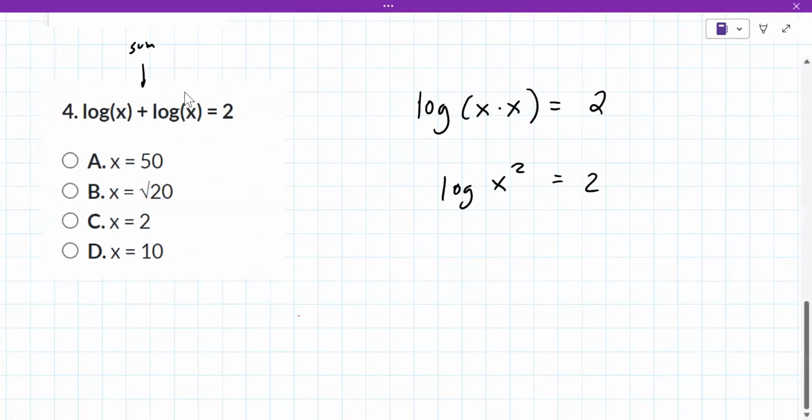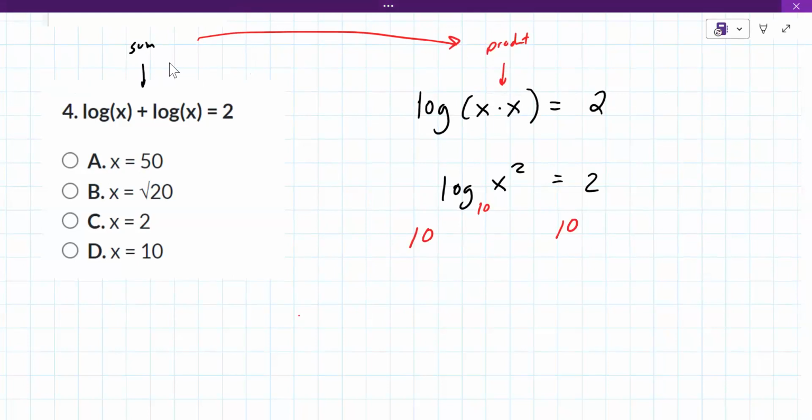So again, that sum becomes a product right there. Now, there's really a base 10 here, and we can undo the log with the base. On the left side, it becomes x squared. On the right side, it's 10 squared, which is 100. x squared equals 100.